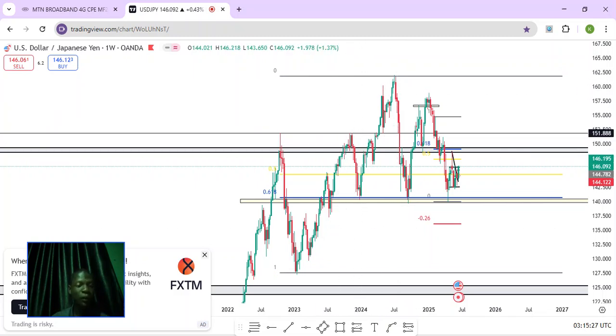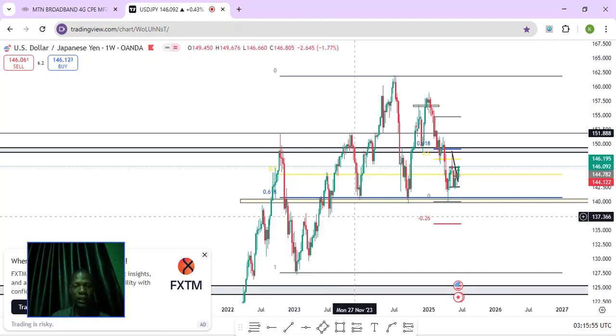You guys know how powerful this level is. I've discussed how powerful it is a couple of times on this channel. And to those new to my channel, I can make a video on how you can draw your Fibonacci and how you can design it to look the way mine looks.